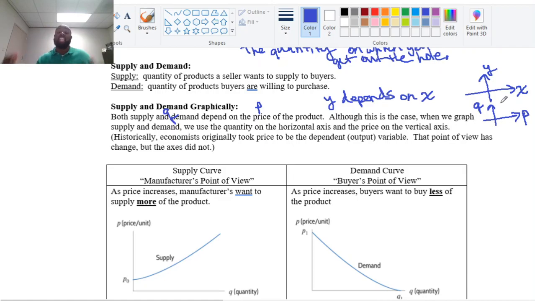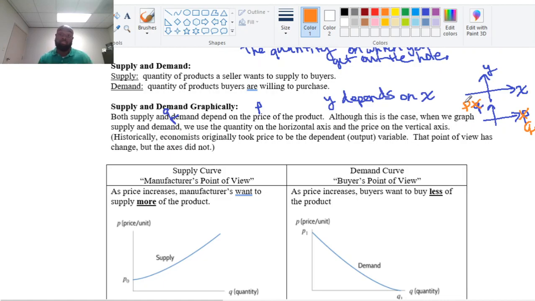Now, although that is the case, when we graph supply and demand as functions, we use the quantity on the horizontal axis. So we don't do what we normally do mathematically. We're going to put Q on this axis, and we're going to put the price on the vertical axis. The reason why this is the case is because historically, economists originally took price to be the dependent, output variable.